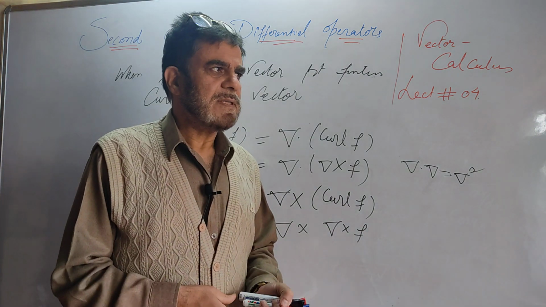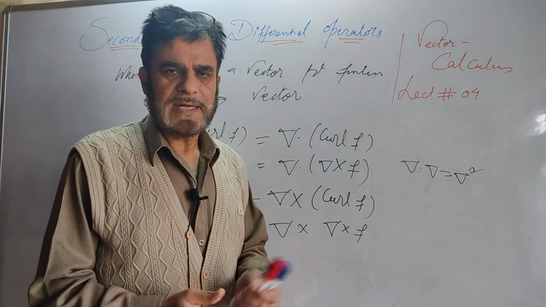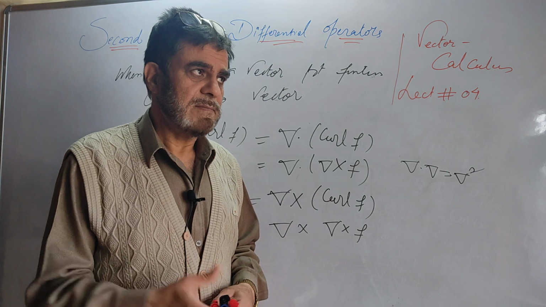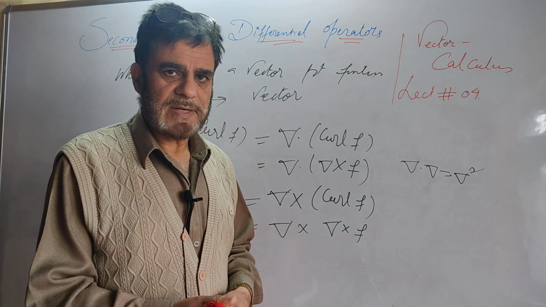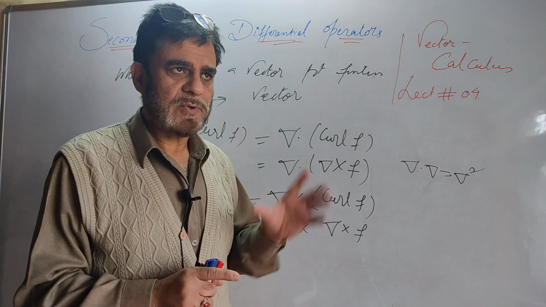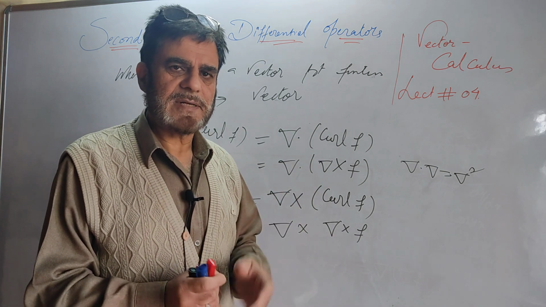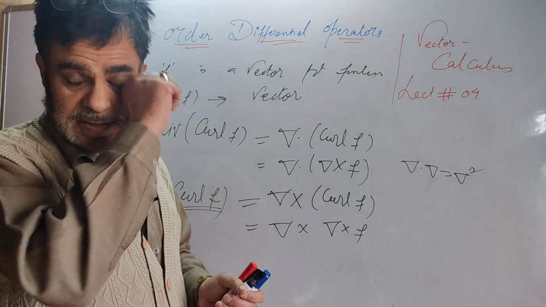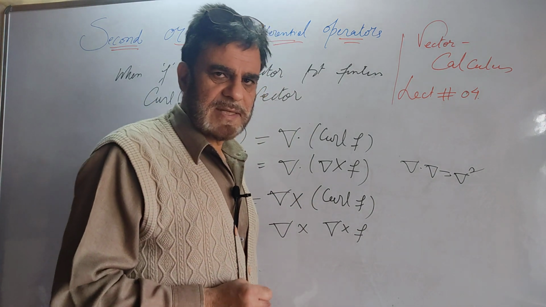Now I will give you three fundamental results, very important results that we will prove now. You will require those results in future in vectors, in between some questions, where you can apply the result. These are known as three fundamental results on second order differential operators. We shall state and then prove them.